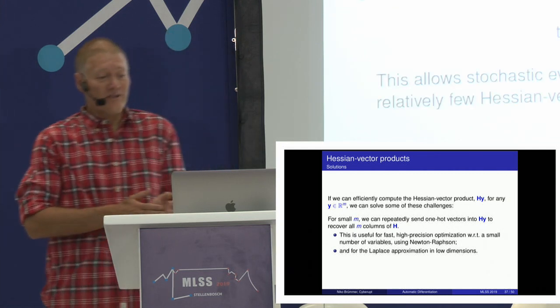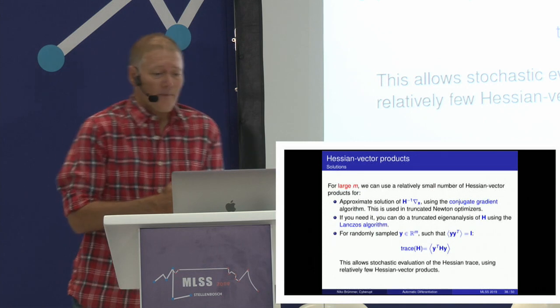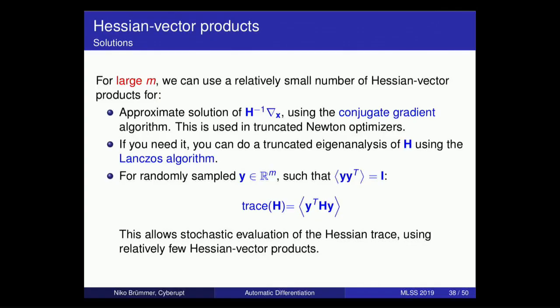So for large m, we can use a relatively small number of Hessian vector products to, as I've mentioned before, conjugate gradients can approximately solve this Newton direction for you. If you need it, then you can even do a truncated eigenanalysis of the Hessian for you.